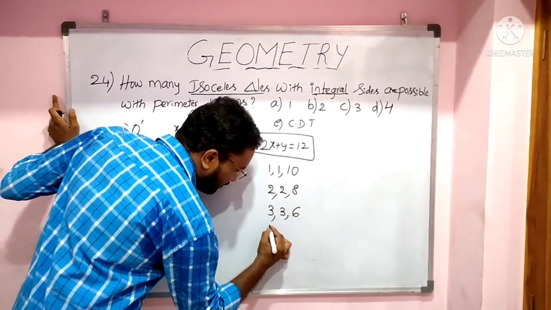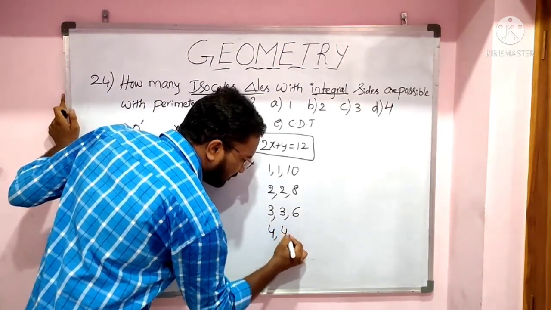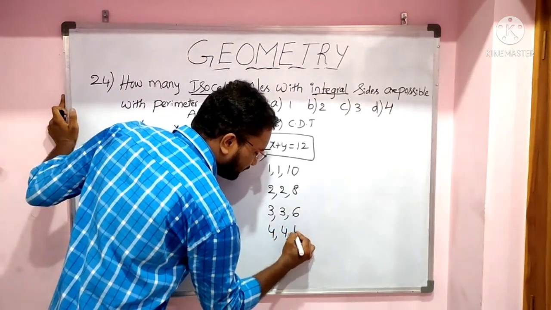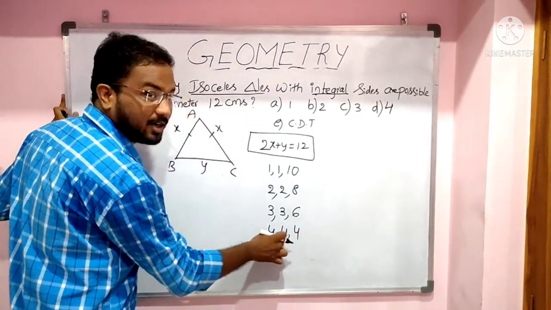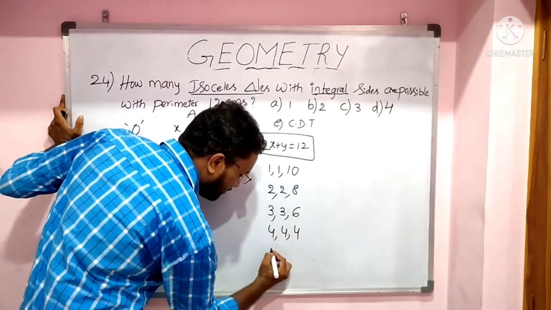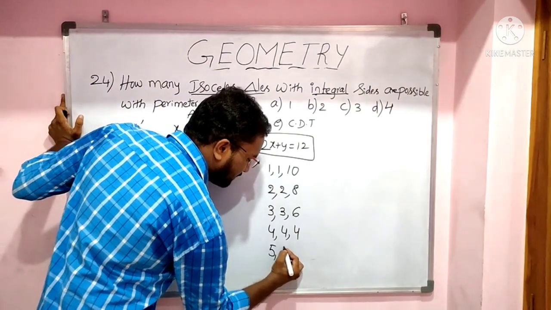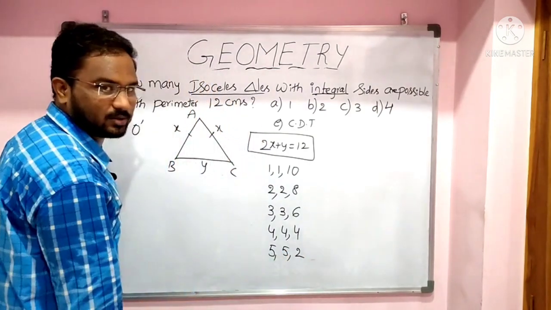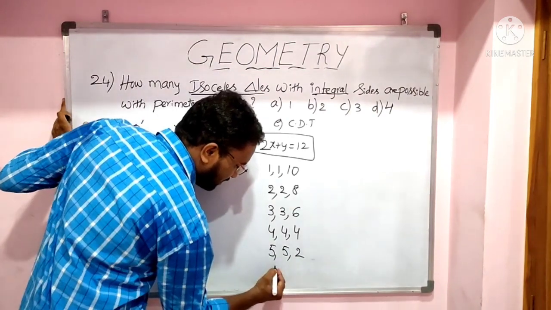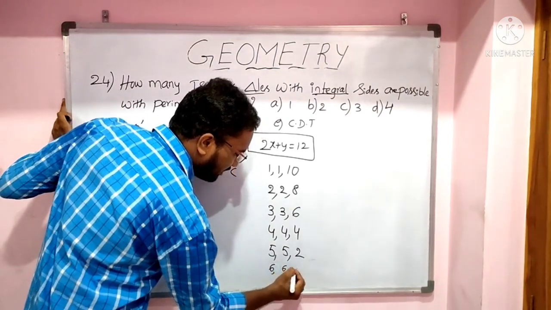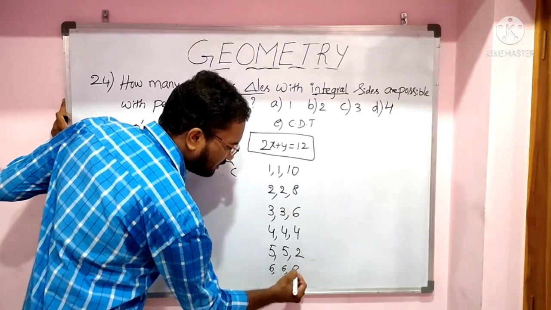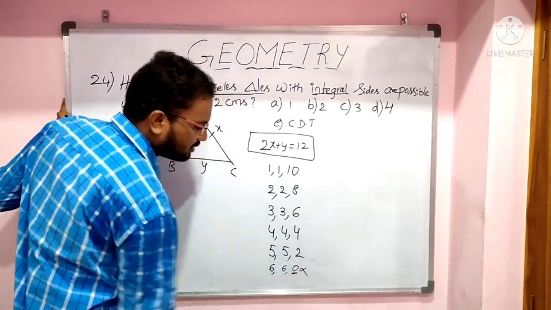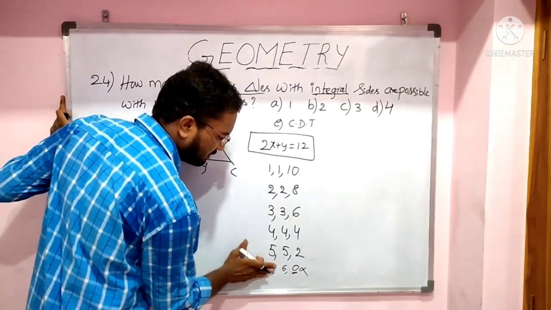If one equal side is 4 and the other is 4, the remaining side is 4, since 4 plus 4 is 8, and 8 plus 4 is 12. If one equal side is 5 and the other is 5, then the other side should be 2. If one equal side is 6 and the other is 6, then the other side will be 0. We cannot form a triangle with a side of length 0, so this is ruled out.